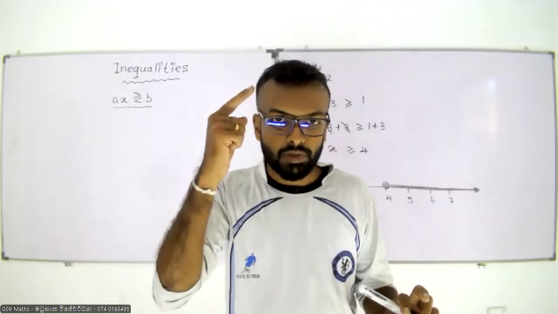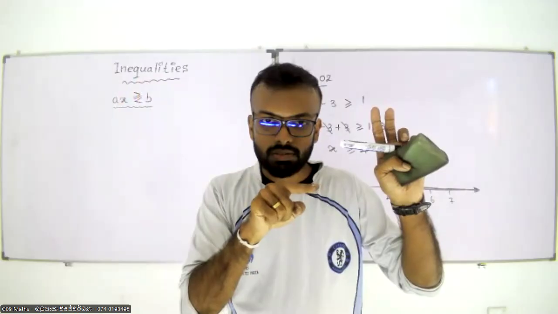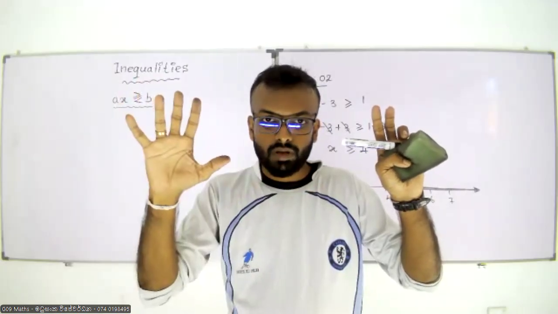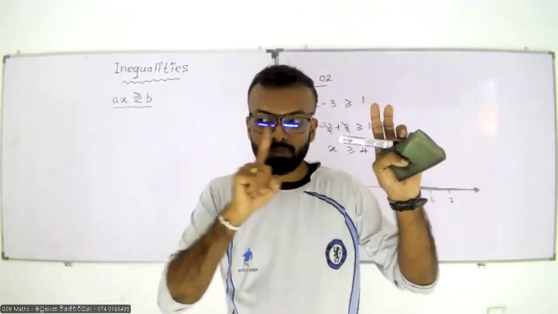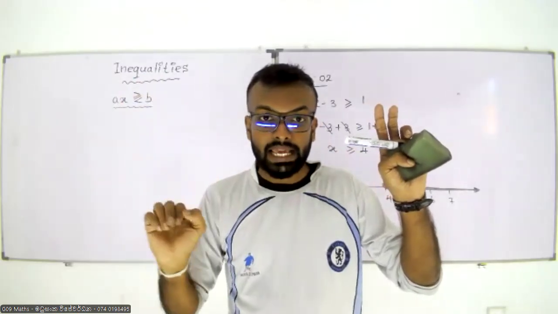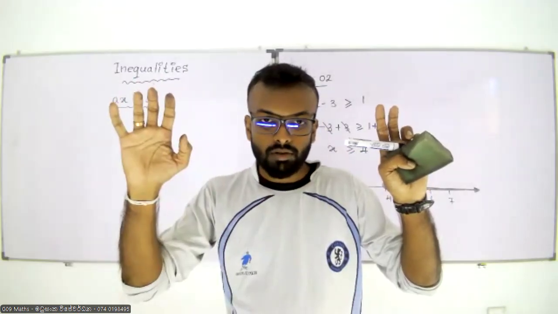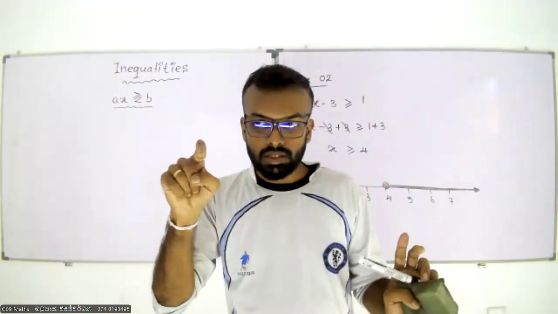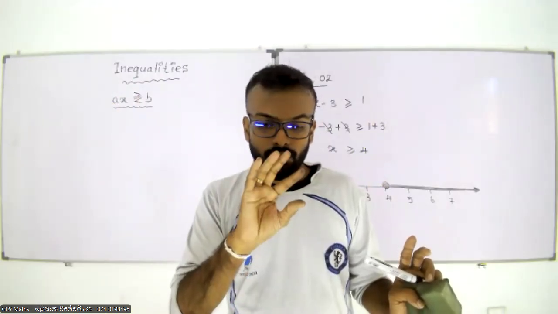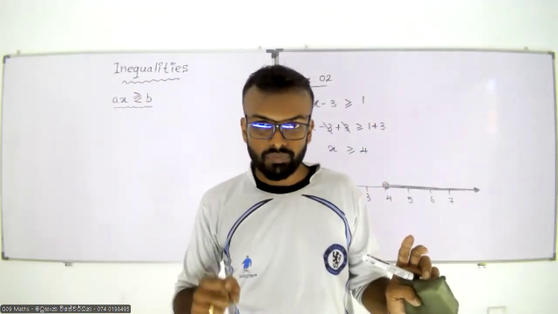Alright? Keep that in mind. Here you have this inequality. When you divide both sides by a negative number only, when it comes to the next step, this inequality flips. It becomes like this.